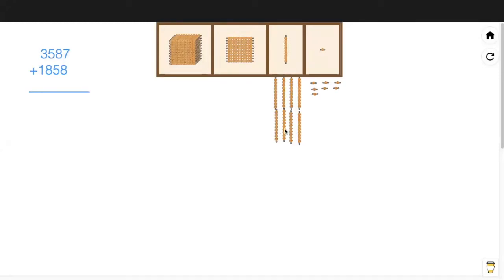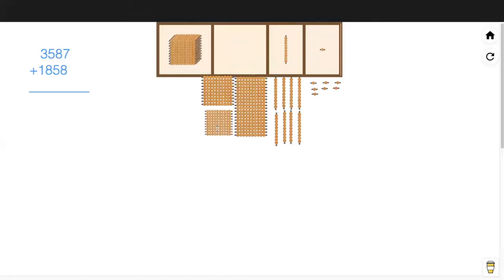All right, I'm going to keep building the first number while you build yours. I have 500s next, so I'm going to get out 5 100s. And 3 1000s.